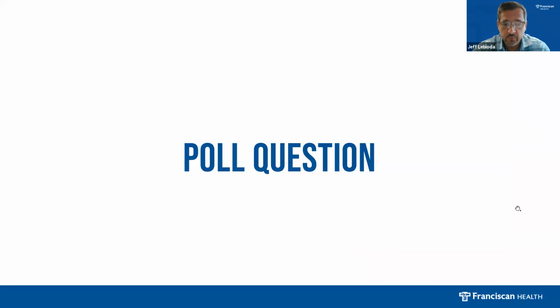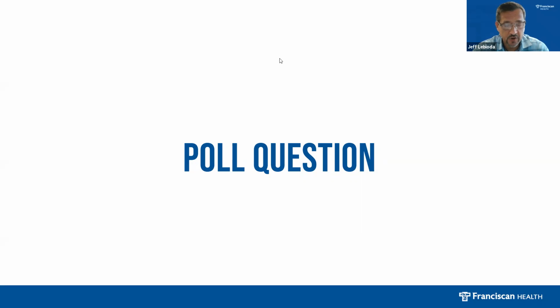Before we get started with our presentation, let's do a quick poll question to see why you decided to join us this afternoon. The question is, why are you attending the seminar today? Please choose one of the following. A, I have unsightly veins and want to learn how to get rid of them. B, I have leg pain, aching, heaviness, or fatigue. C, I have had vein treatments in the past. And D, I want to learn how to prevent varicose veins.